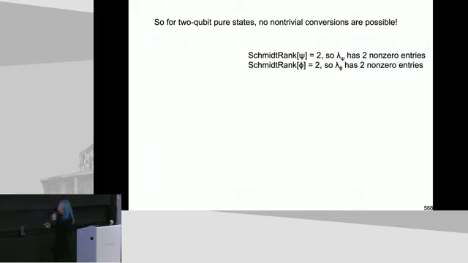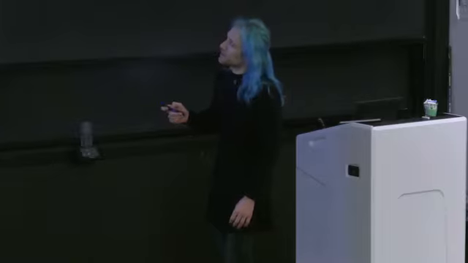Similarly, if the phi state is entangled, then it has exactly 2 non-zero terms. So these vectors of squared Schmidt coefficients have exactly 2 non-zero entries. For convertibility from psi to phi to work, this vector here, which has 2 non-zero entries, has to have the same number of non-zero entries as the vector on the right-hand side.